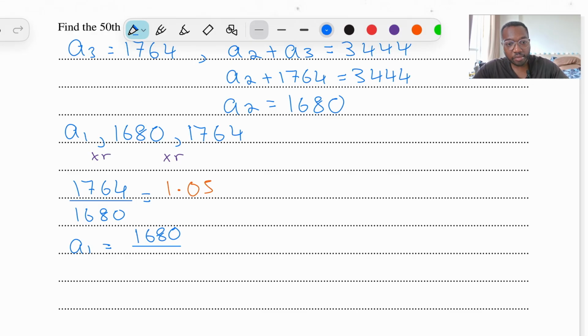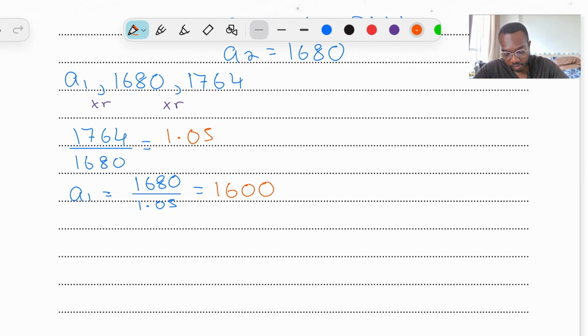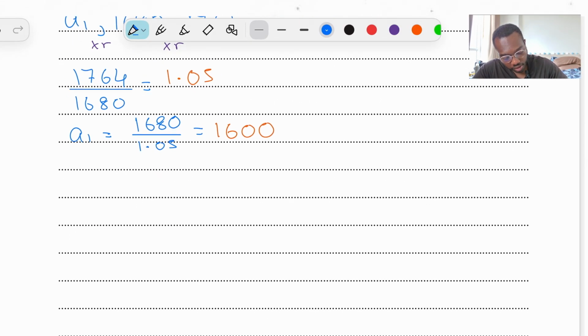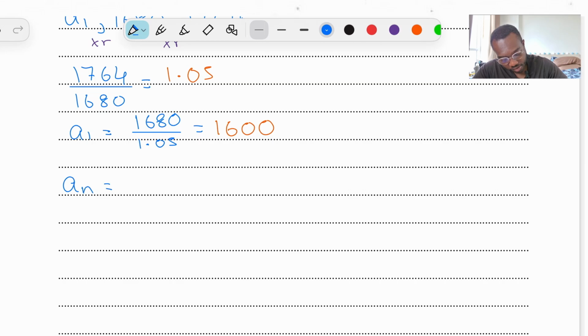So we can just divide by 1.05, and if you work that out on your calculator, you get 1,600. So now we know our A1 value is 1,600. Well, if we look at the 50th term, the general solution is An is equal to A1 times R to the power of n minus 1.